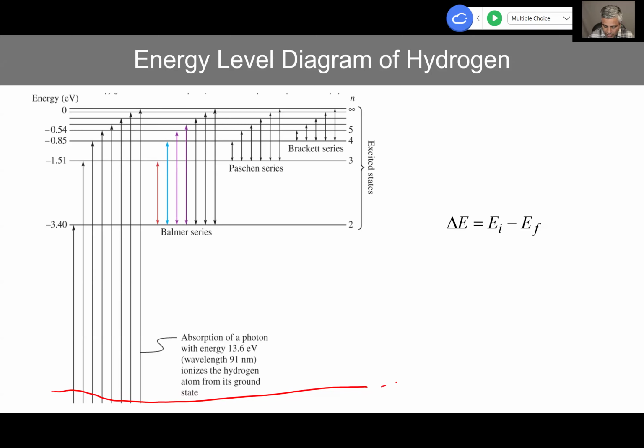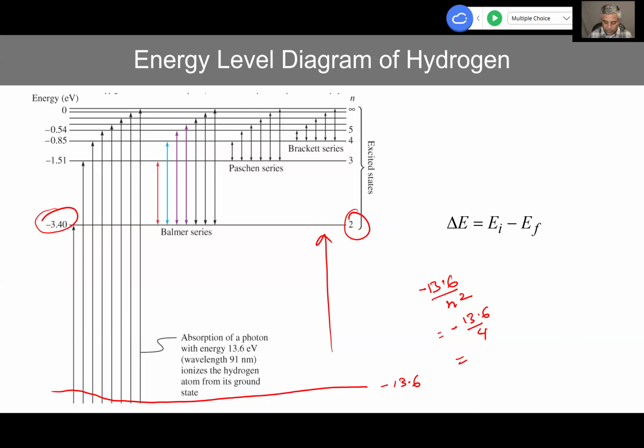So we have negative 13.6. And the other one is going to be negative 13.6 divided by n squared, which means when n is equal to 2, this becomes negative 13.6 divided by 4. So 4 times 3 is 12, and that's what that number is.